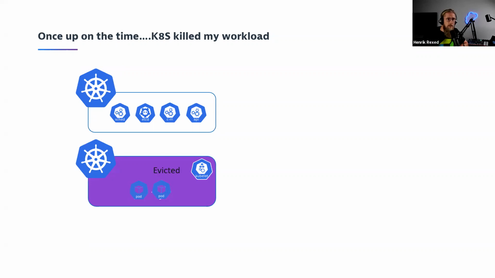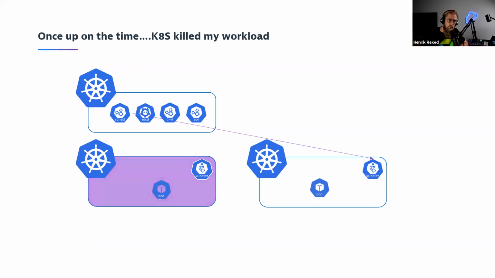So what happens is it will select one of the pods and evict it. Evict means it's going to kill the pod on this node and reschedule it on another node. So here we had two pods running on one node, and after the eviction, problem resolved, we have one pod on one node and the other pod running on the other node.